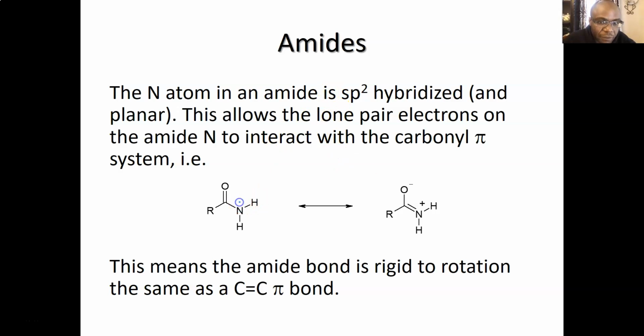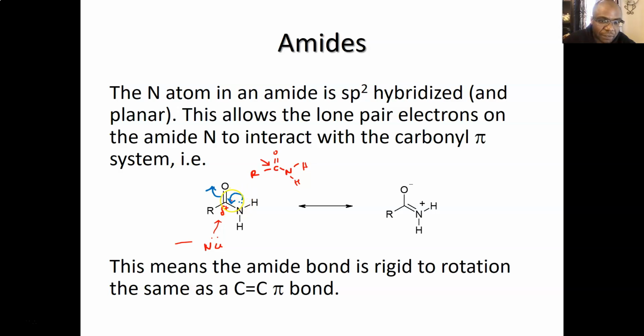Okay, because you have a lone pair on the nitrogen, you expect it to undergo resonance. You remember what we said, amides are less reactive, and this explains why. This carbon should be partially positive to be attacked by a nucleophile, right? But there's a lone pair that's killing this positive character, so you barely have a partial positive charge on this carbon because the lone pair is neutralizing it.